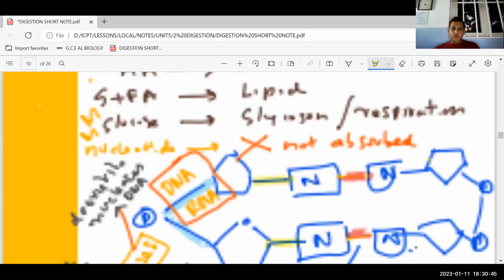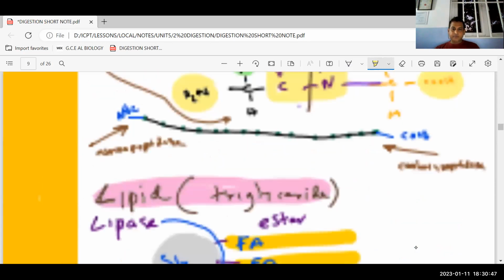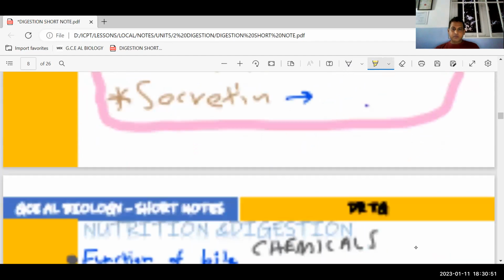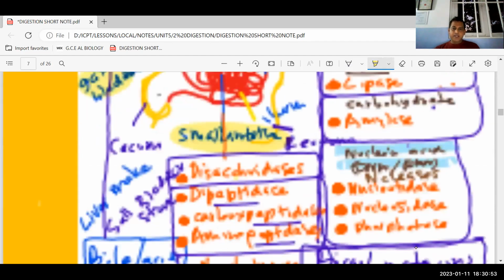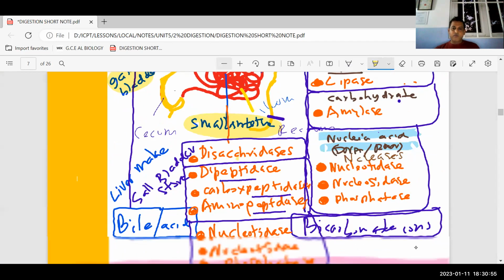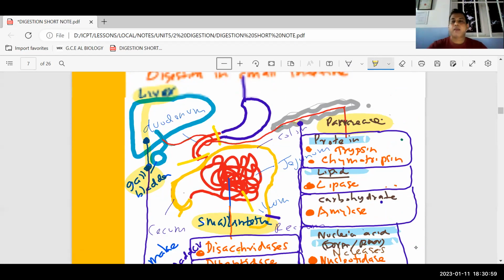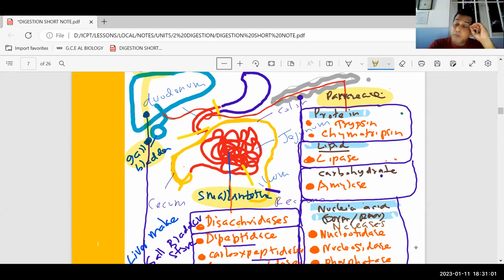In this short note, we have learned pancreas is very important because pancreas secretes enzymes we learned previously: lipase, amylase, trypsin, chymotrypsin are the four enzymes.